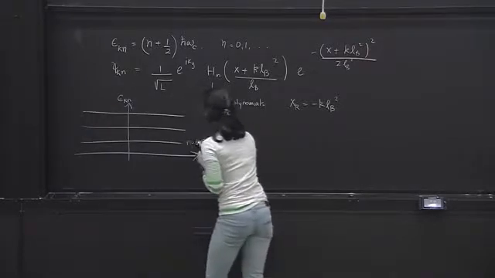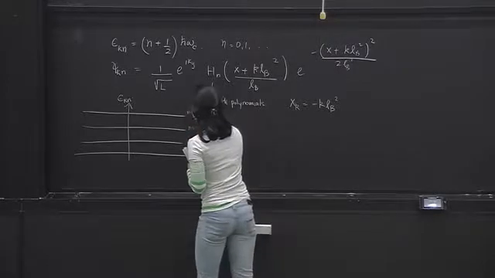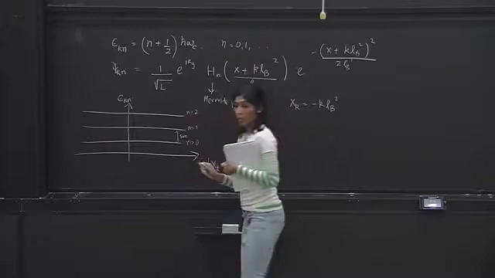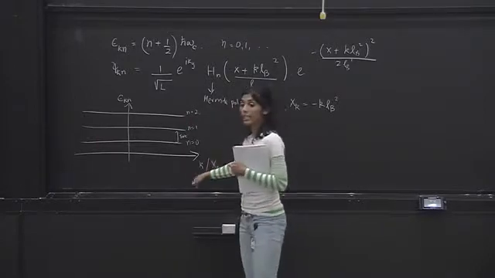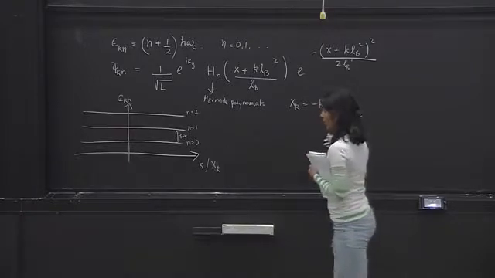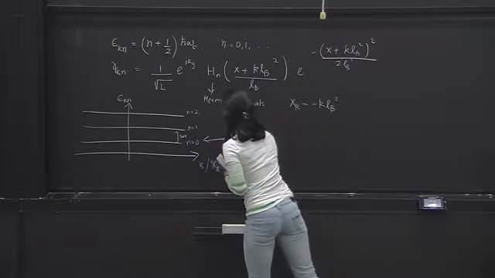This is the n equals 0 level, 1, 2. This gap is h bar omega c, and the energy is completely independent of the momentum in the y direction. So these are our Landau levels.